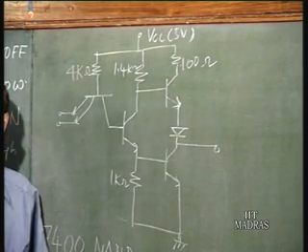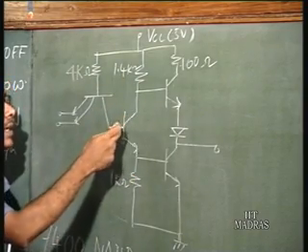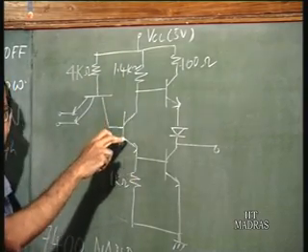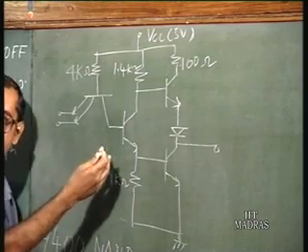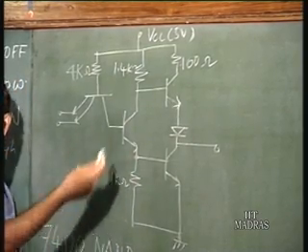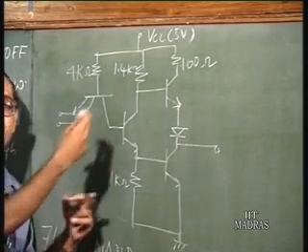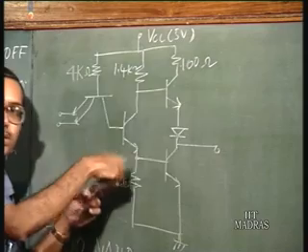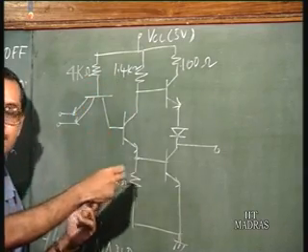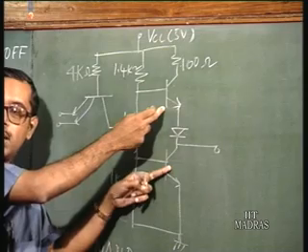Now the purpose of this is that when you have a transistor behaving as an amplifier, the emitter point has a positive gain, whereas the collector point has a negative gain. So this transistor achieves the purpose that when one of these transistors is on, the other will be off.